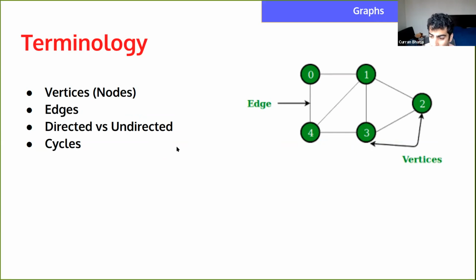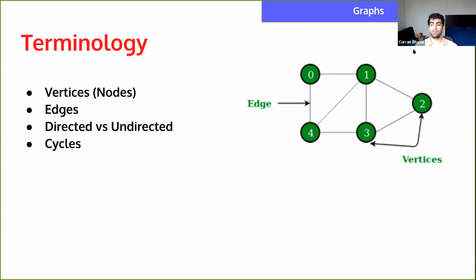So for example, on the right, you can see that between the 3 and the 2, that's a directed graph, and then any other node between another node like 0 and 4 is undirected.